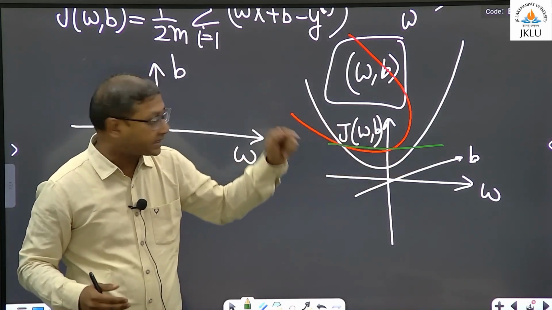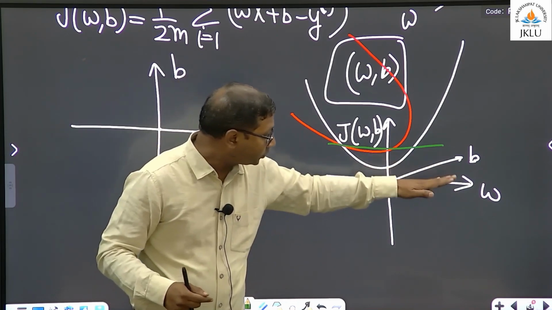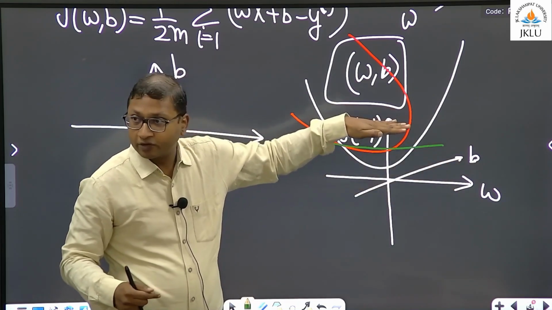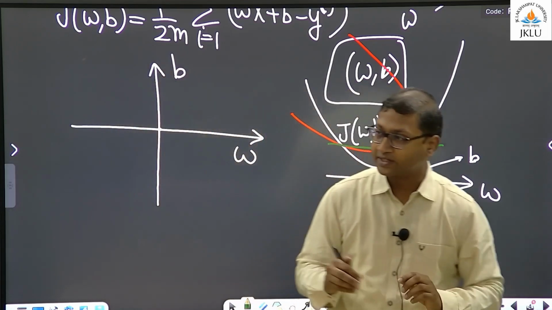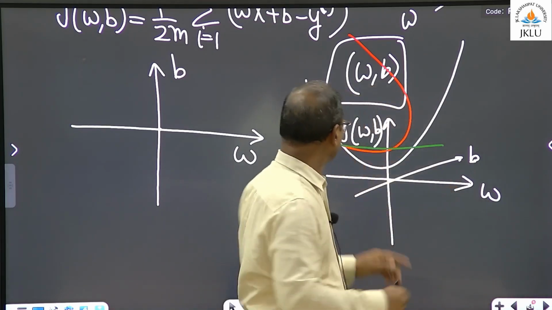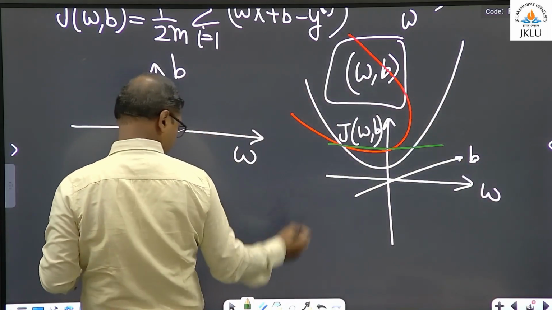Basically any plane that is parallel to my WB plane is going to cut this particular function, and the locus of this intersection is a circle. And so what I will get is this circle.